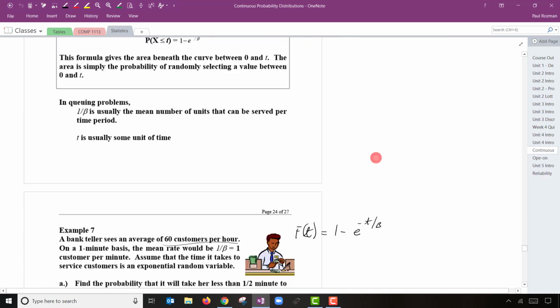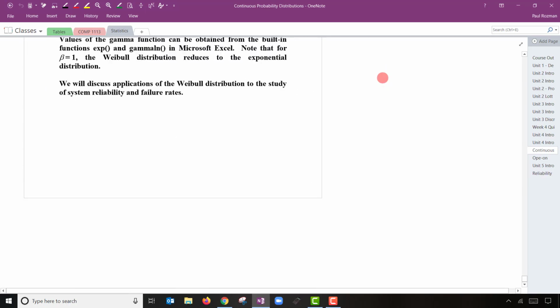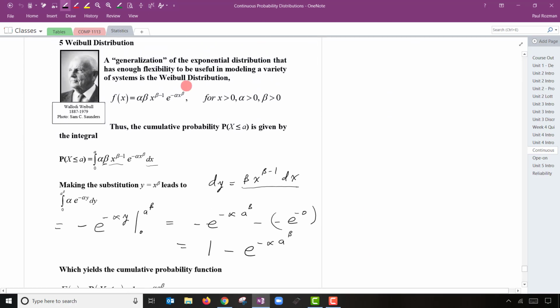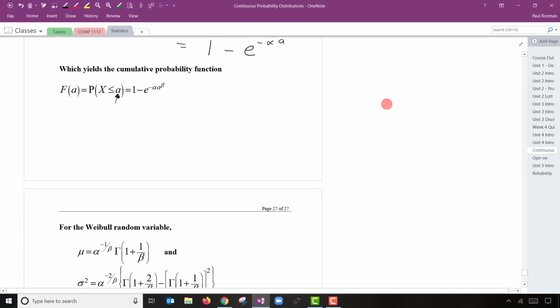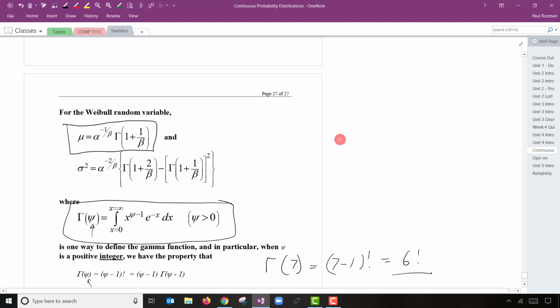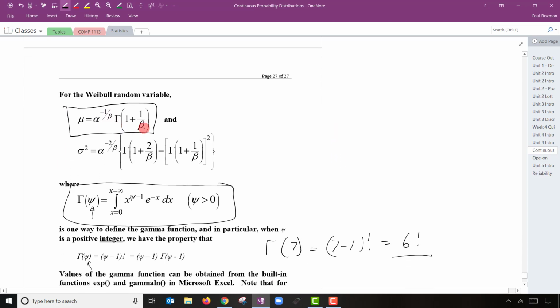We did log normal, we did exponential, and then we hit this Weibull distribution. And here's the function. If you integrate that thing, you can determine the mean of a Weibull distribution. It's alpha to the minus 1 over beta times gamma of 1 plus 1 over beta, where gamma is defined as this ugly integral. So we have our work cut out for us here.